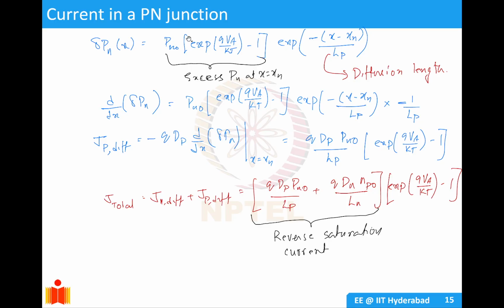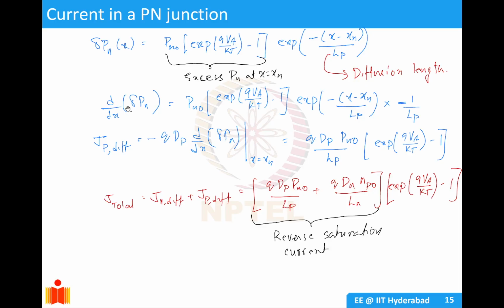So this is the value of p of n at x equals xn, but the value you want is the excess value. So you subtract Pn naught from this, and this minus one is coming here, and this is exponential minus x minus xn by Lp, from the diffusion dynamics.